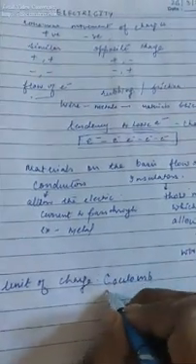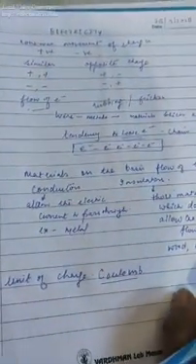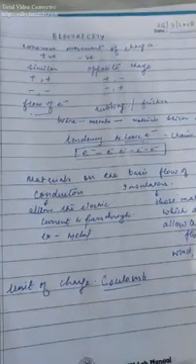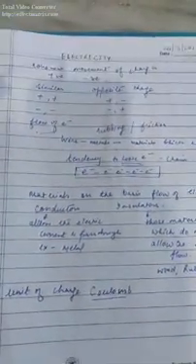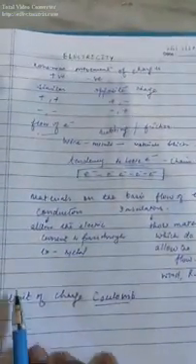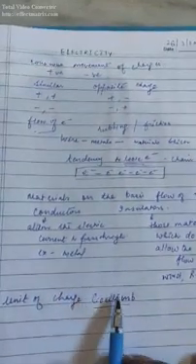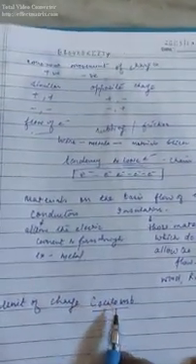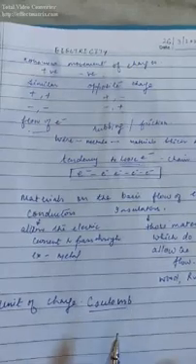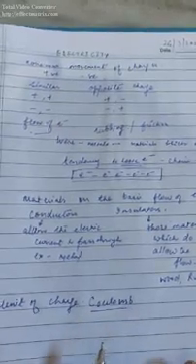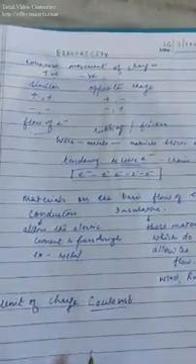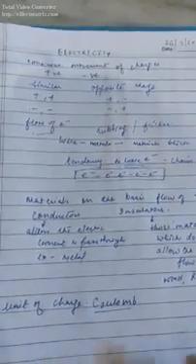We write it as coulomb. Okay, so we are talking about the unit of charge, that is coulomb. Now what is this coulomb known as, and why, what is the unit, and how we will calculate the amount of charge flowing through any cross-sectional area.